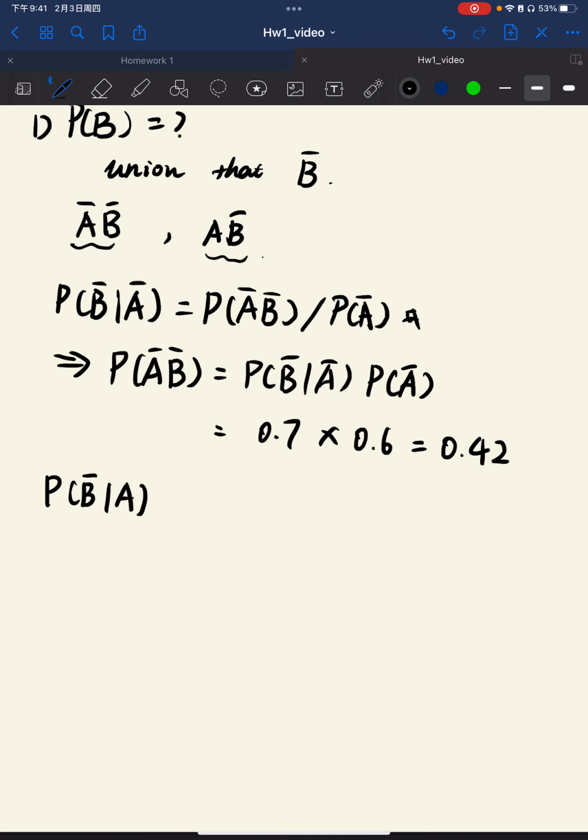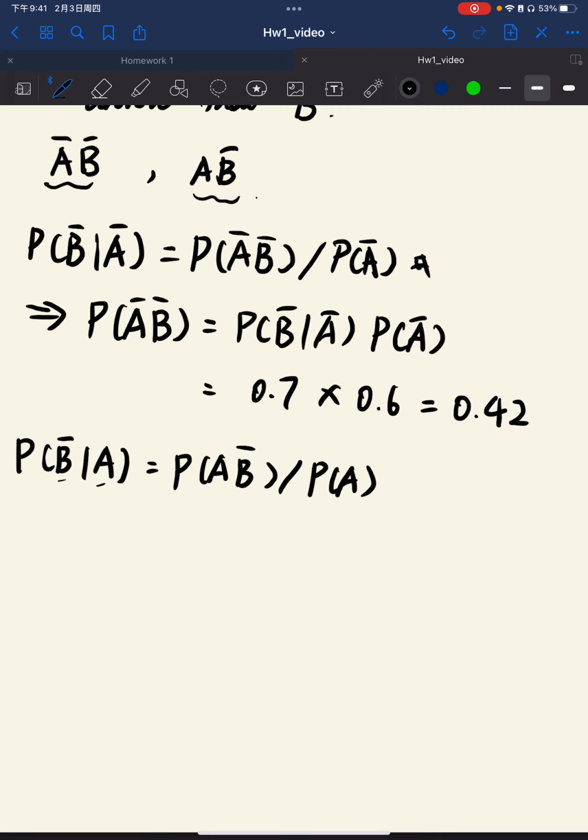Next, the probability of sending 1 but receiving 0 is the intersection of send 1 and receive 0 divided by the probability of send 1.